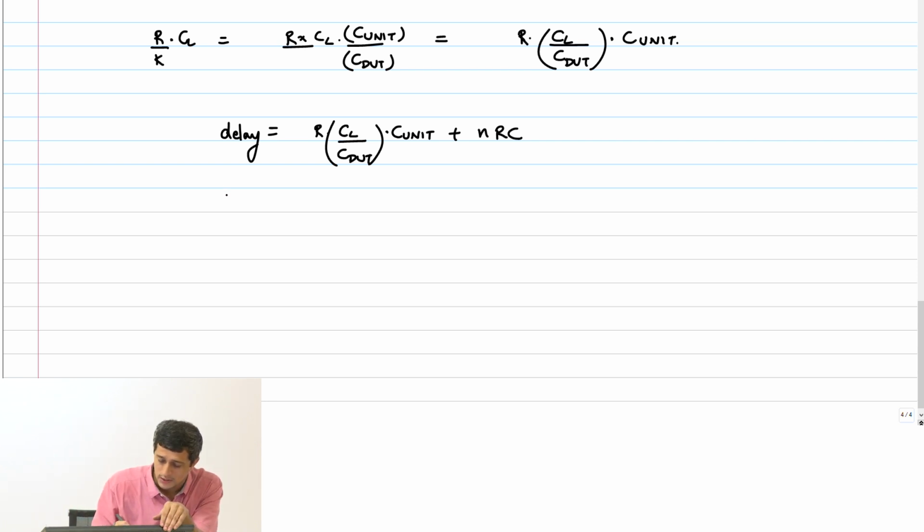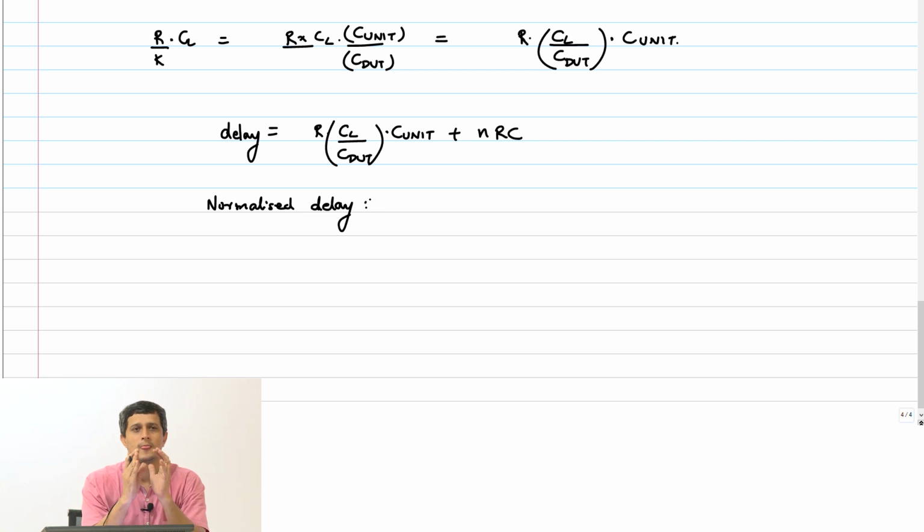So now what I will do is, to get the normalized delay, why normalized delay? Because it's enough if I characterize just the inverter. In a new technology, if I characterize the inverter and get the delay, then all the other delays are fixed if I normalize to the inverter delay, right.